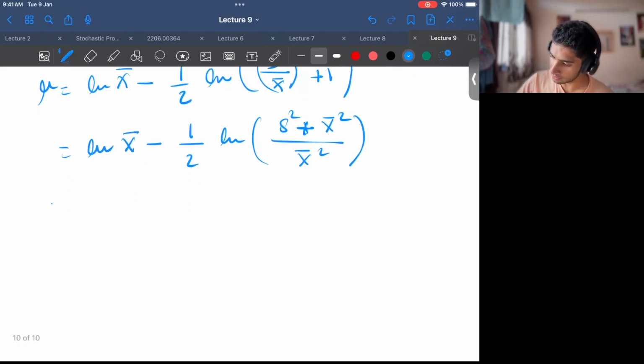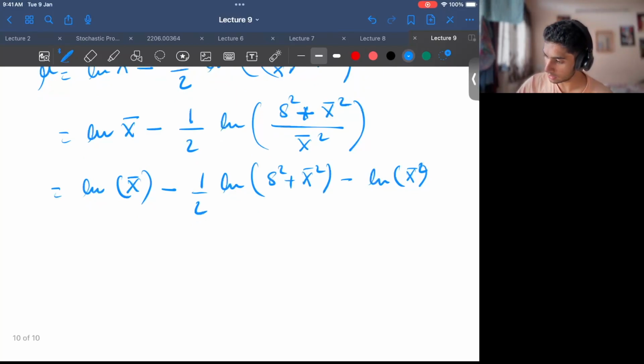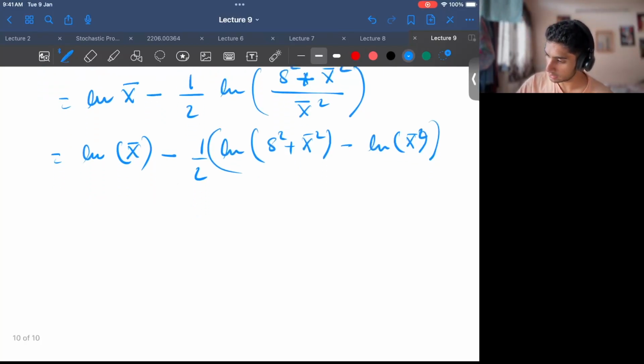This is what it will become. This will become log of x bar minus 1 by 2 times log of s square plus x bar square minus log of x bar square, right? This thing is in bracket.